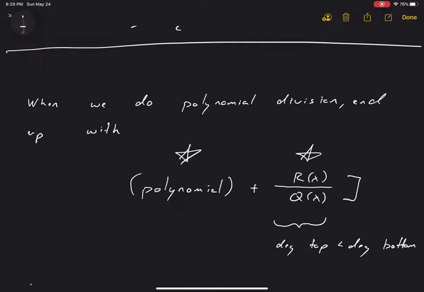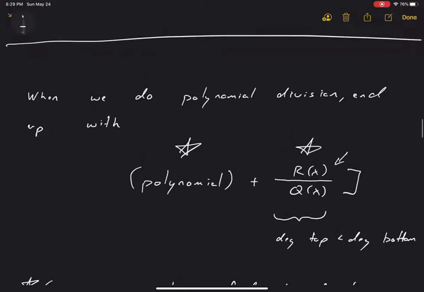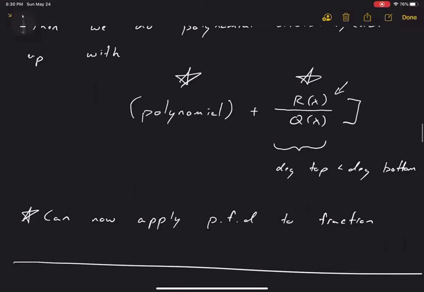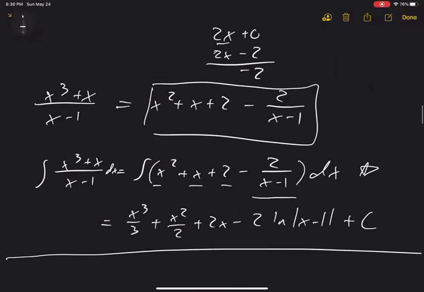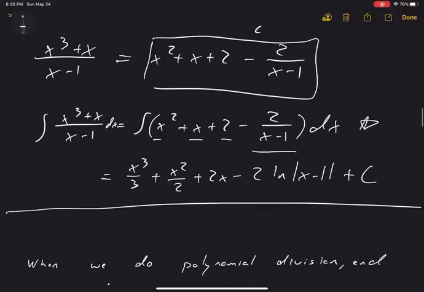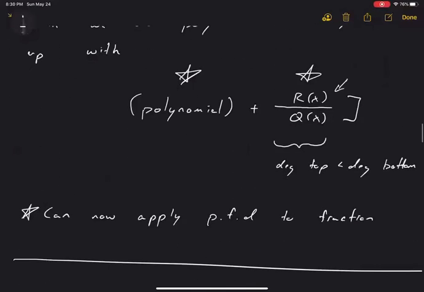Now the degree of the top will definitely be smaller than the degree of the bottom, so we'll be able to use the partial fractions method. But again, maybe it'll be a case like this where we're done after the division step. We don't have to go any further. And again, this is just something we do when the degree of top is bigger than the degree of bottom.